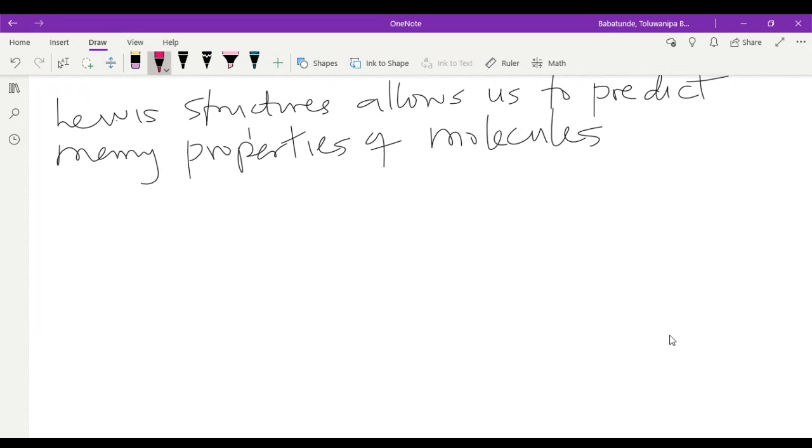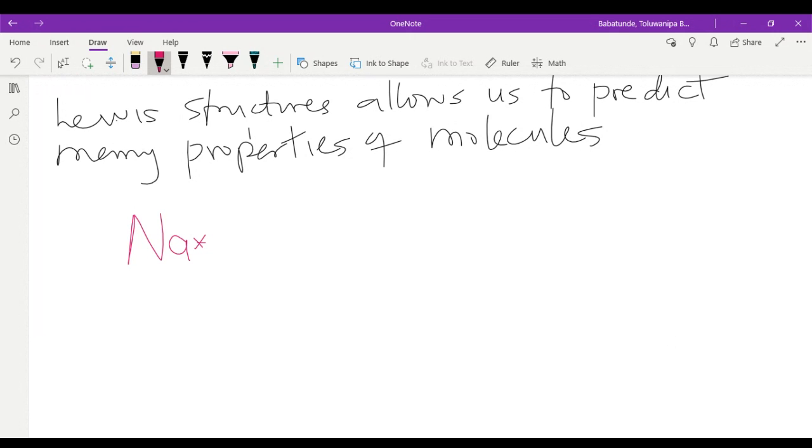So sodium has one valence electron. If you want to draw the Lewis dot structure for sodium, we represent the core electrons with the symbol of sodium, which is Na, and the valence electron with a dot.